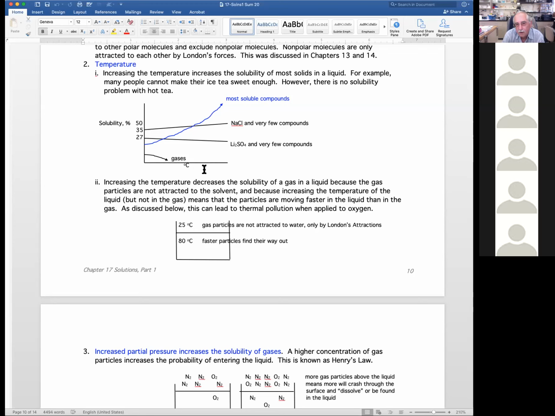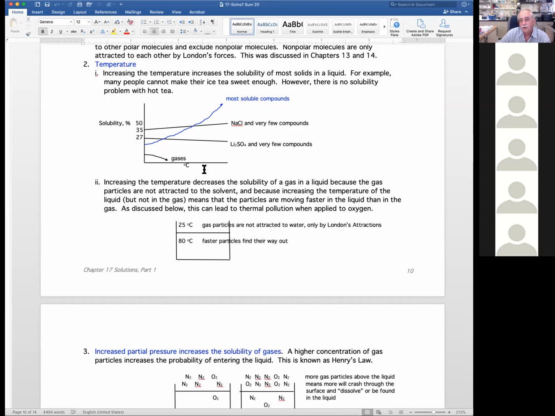So let's think about, why does oxygen dissolve in water again? Oxygen, difference in electronegativity 0. It's a nonpolar molecule. The reason why it dissolves in water at all is because it's going about 1,000 miles per hour and then just bounces all around until it eventually finds its way out again.